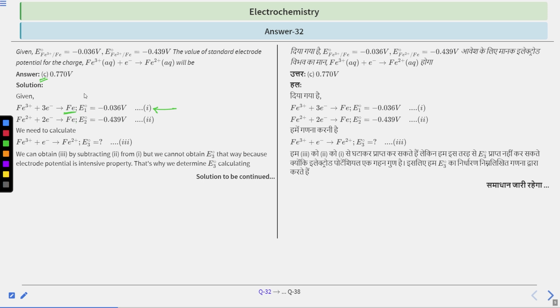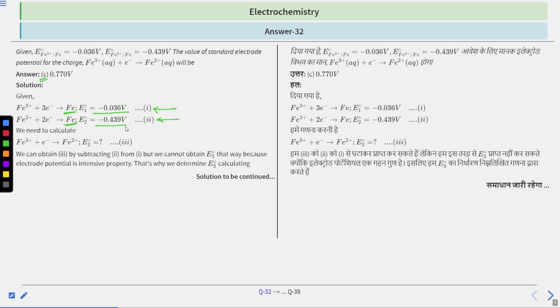E naught 1 for this reaction is given as minus 0.036 volt. Similarly, we are given the E naught for Fe2+ to Fe, that is Fe2+ plus 2 electrons giving Fe, so E naught 2 is equal to minus 0.439 volt. This is the second reaction for the second given standard electrode potential value.